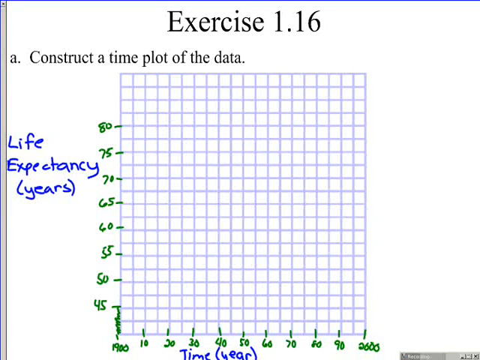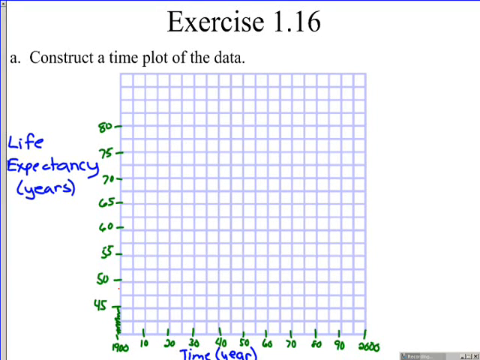Now our time plot, we're simply going to take and put dots up above each one. So in 1900, 48.3. Whoops, wrong spot there. That's 1910.